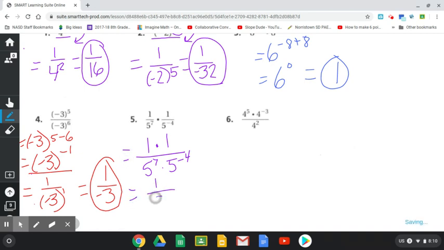I have the same base here, so it's 5 to the 7 plus negative 4. So this is 1 over 5 to the 3rd power. There's no negatives here. My answer here is 1 over 125.